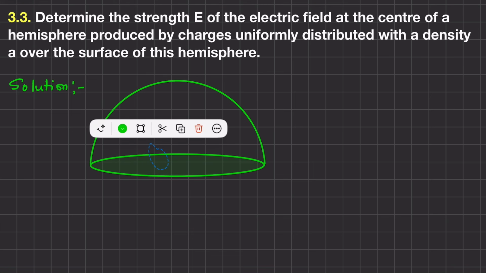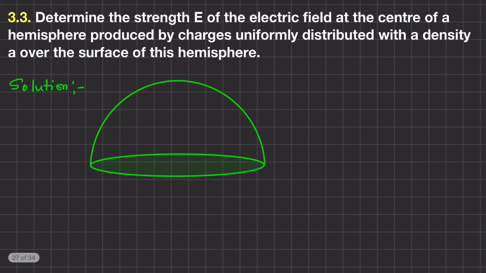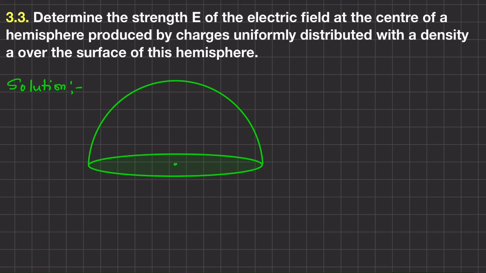Yes, so guys, if you see, this is a spherical shell. Okay, this is a hemispherical shell, and here let's say the radius of this is r. On the surface of this hemispherical shell, let's say the charge is sigma.